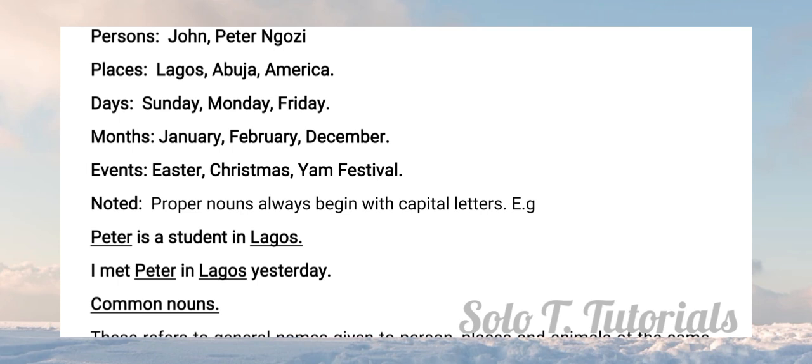Specific names of events include Easter, Christmas, Yam Festival, etc. Note: a proper noun is unique or special to persons, objects, places, animals, or events that bear them.